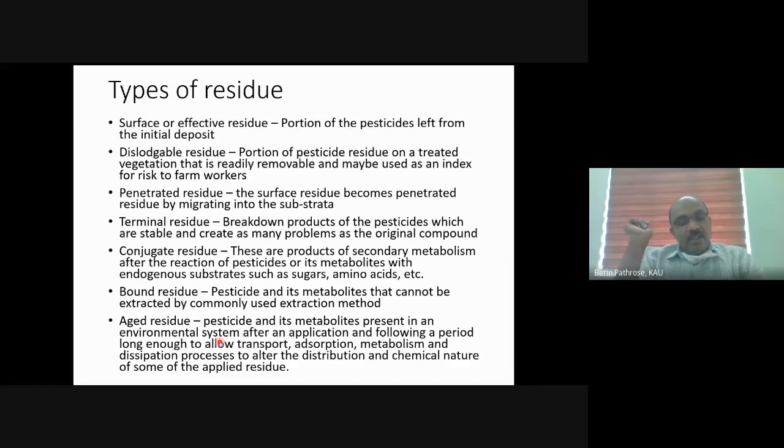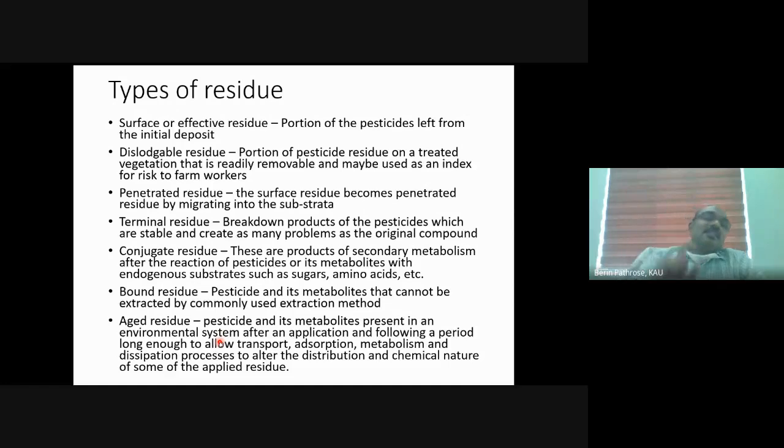Has anyone seen that? Especially in bigger plantations, you might have seen. Yes, that is to prevent risk to farm workers and other persons who unintentionally get inside a sprayed area and might get exposed to dislodgeable residue. So that is dislodgeable residue.